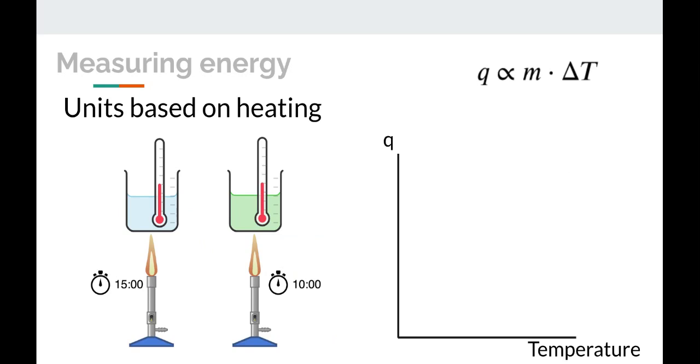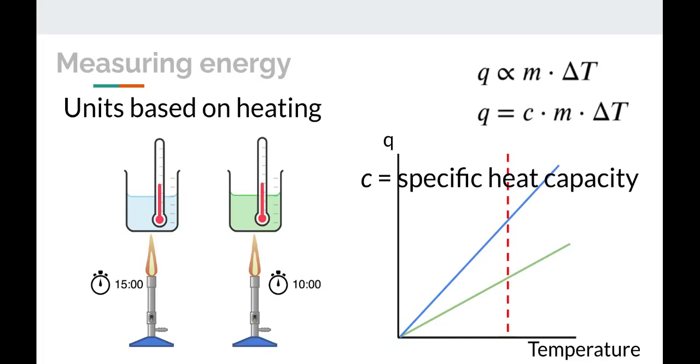If we were to make a graph of that, this is what it would look like. To get up to whatever that final temperature is, takes less energy transfer for the green than it does for the blue. The slope of this line, if we have a fixed mass and a fixed temperature that we're getting up to, is a way of measuring how good each substance is at resisting temperature change.